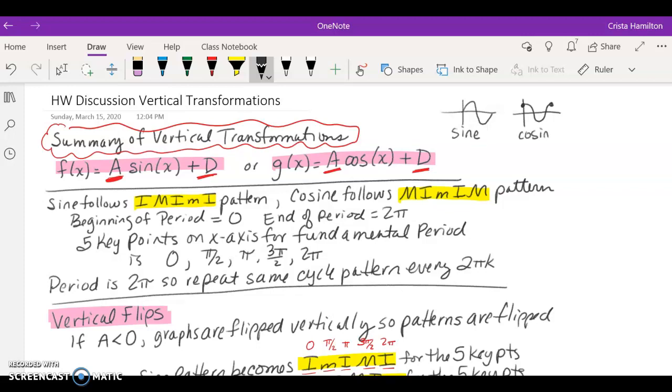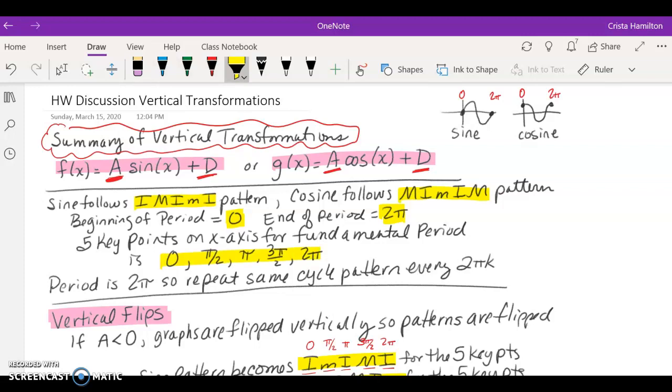When we're looking at parent graphs, we are looking at the pattern from the beginning of the period, which is 0, to the end of the period, which is 2 pi. So on the graphs I just did, this was 0 and this ends at 2 pi, following our pattern. The 5 key points for that fundamental period are the quadrantals.